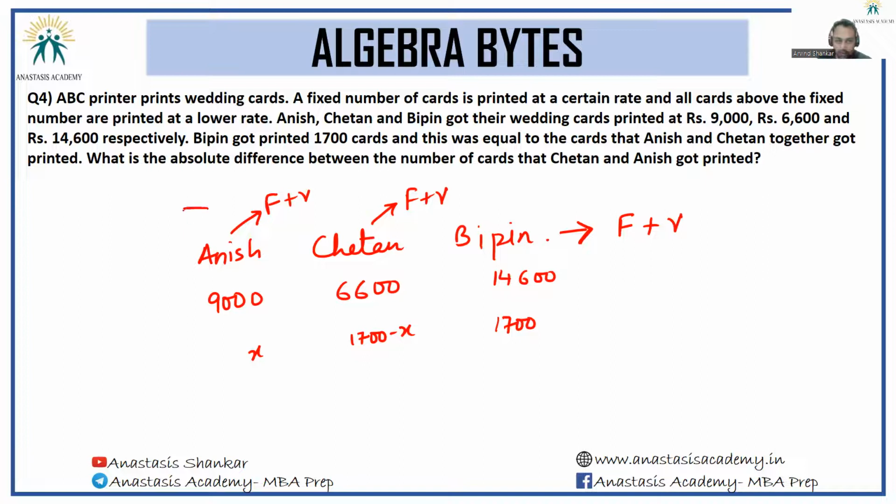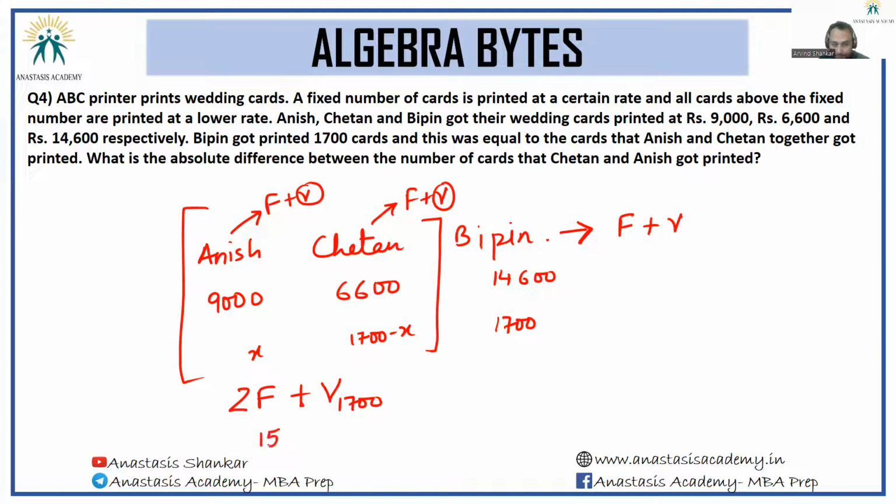Now, if I look at this group separately, Anish and Chetan, they have paid the variable cost for 1,700 cards, and they have paid the fixed charges twice, 2 times the fixed cost plus the variable cost for 1,700. For Anish and Chetan, altogether it totals up to 15,600. But for Bipin, fixed cost plus variable cost for 1,700 cards adds up to 14,600 only. So can I say the fixed charges here is equivalent to 1,000?